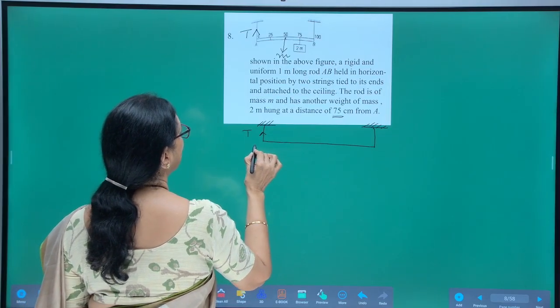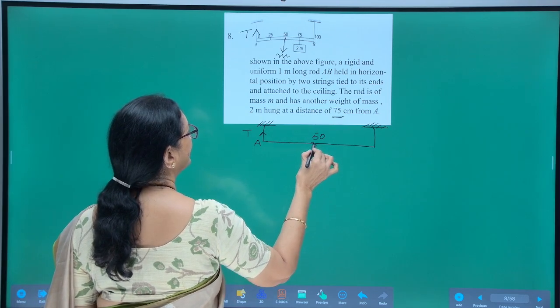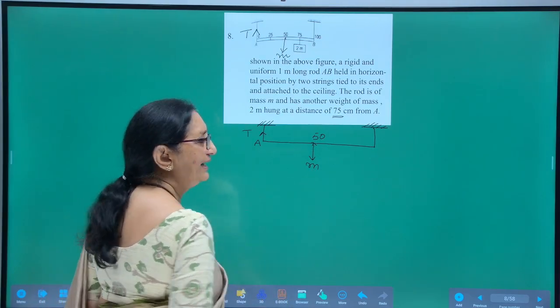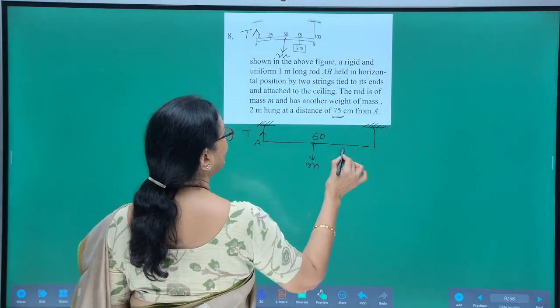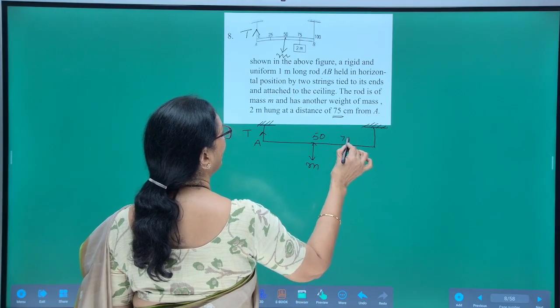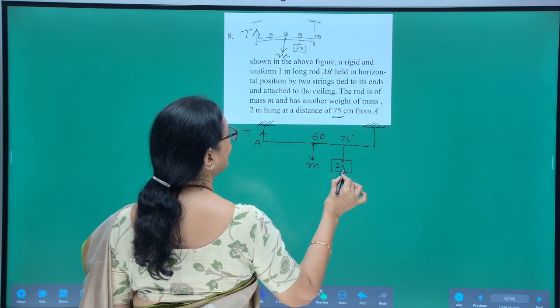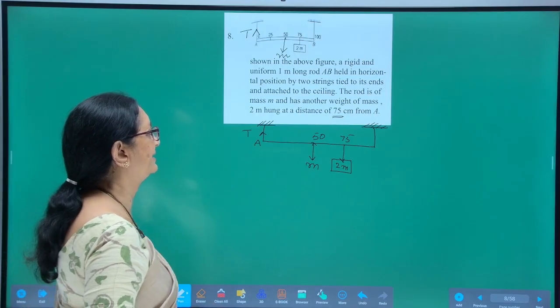So, this is the reference point A, and at the 50 centimeter division, its weight mg is acting. Anyway, g gets cancelled throughout, that is why we are not mentioning g, and at 75 centimeters, another load of mass 2m is suspended. You need to find out the tension in this rod.